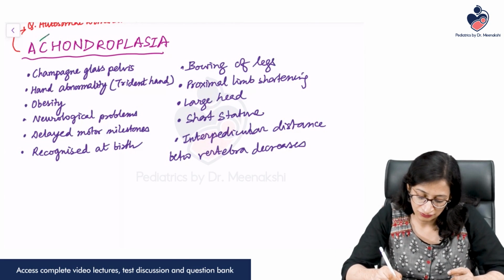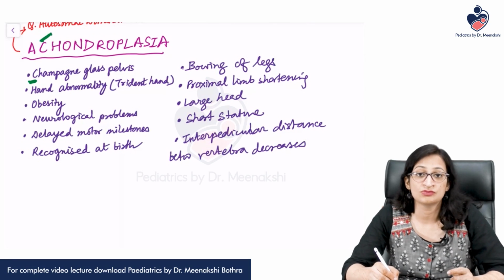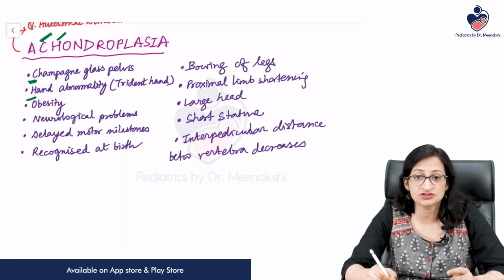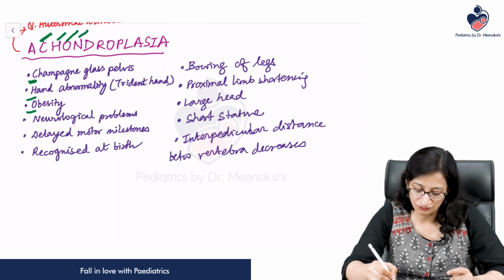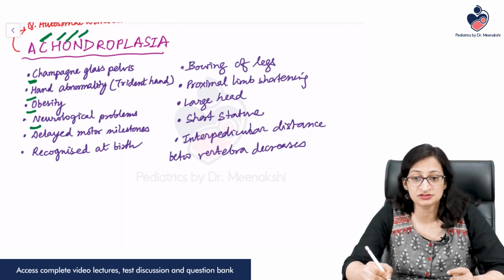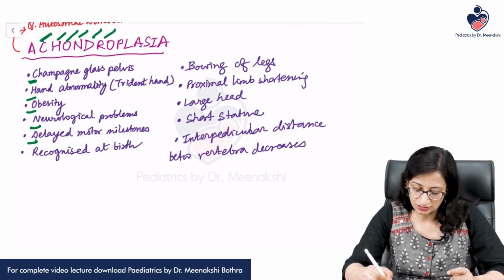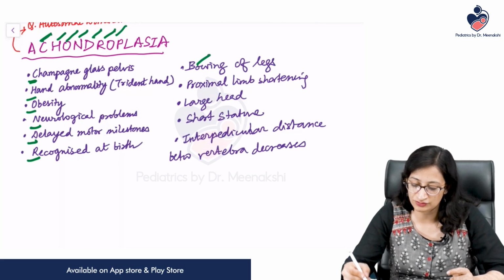So C for champagne glass pelvis. H for hand abnormality. O is for obesity. N for neurological problems. D is for delayed motor milestones. R recognized at birth. Another O is the O in bowing of legs.